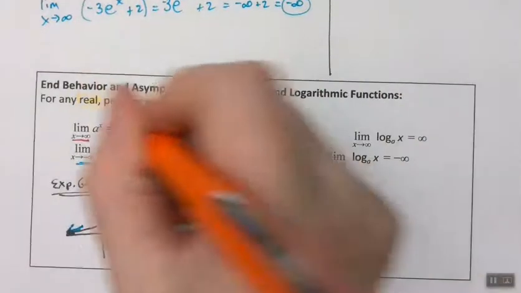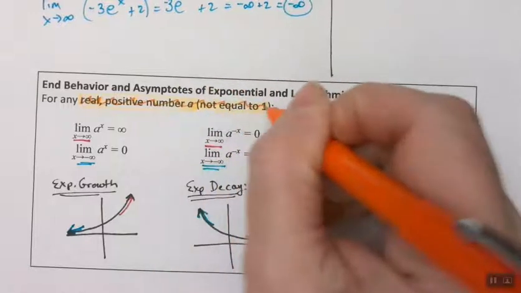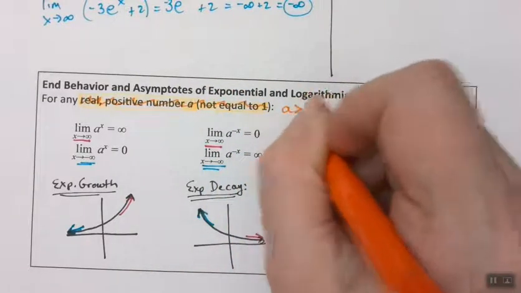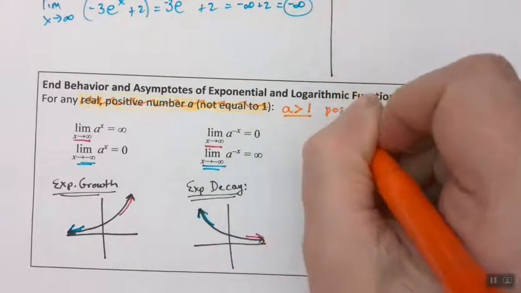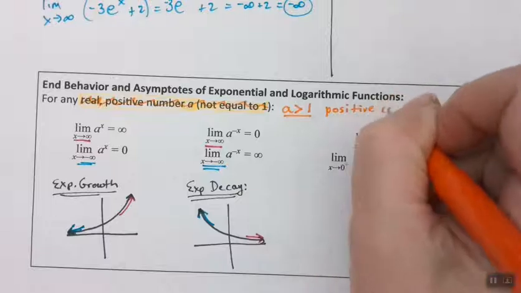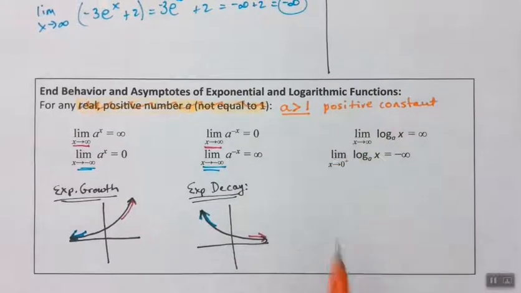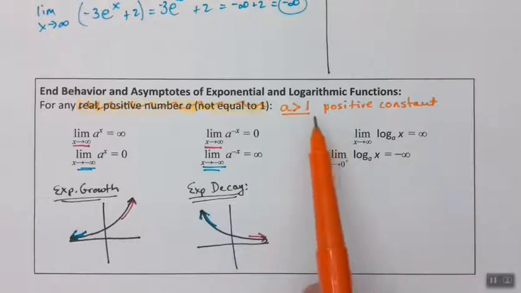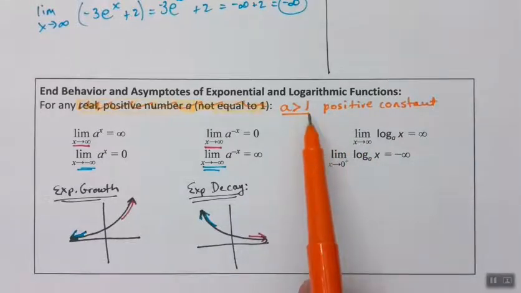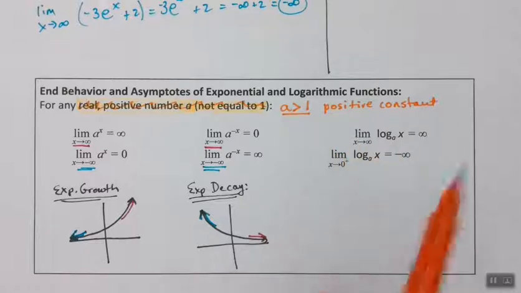I'm just going to say a is greater than 1. It's more than positive though. It's actually greater than 1, because if you get between 0 and 1, it's technically a fraction, which makes it a little strange. So let's just say it's greater than 1. That makes me happier.